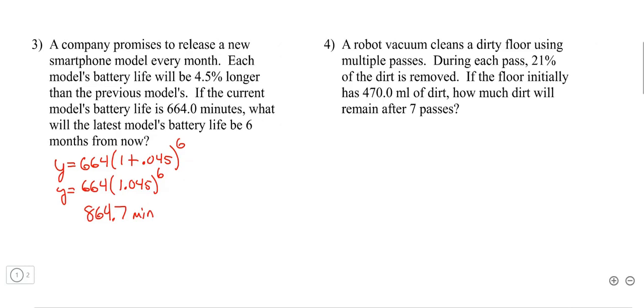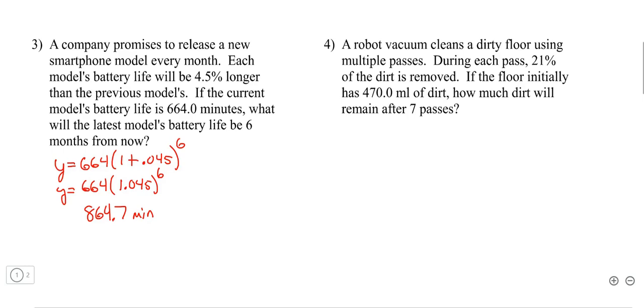Now on to number 4. A robot vacuum cleans a dirty floor using multiple passes. During each pass, 21% of the dirt is removed. If the floor initially has 470 milliliters of dirt, how much dirt will remain after 7 passes? So the 21% of the dirt is being removed, so this is a decrease of 21%.